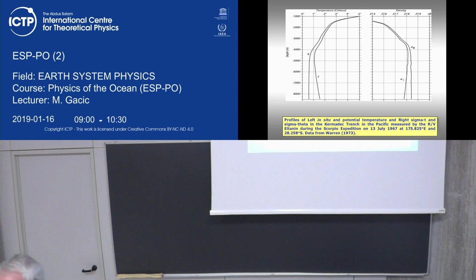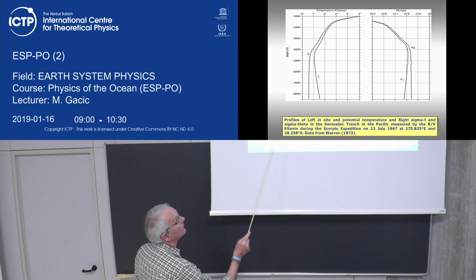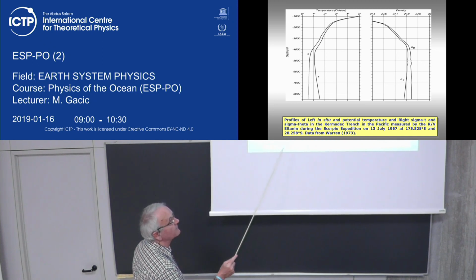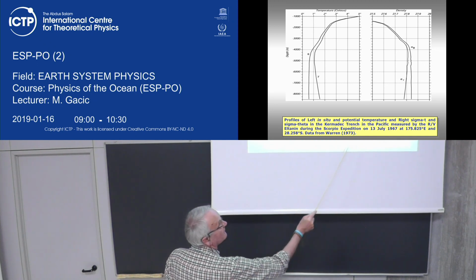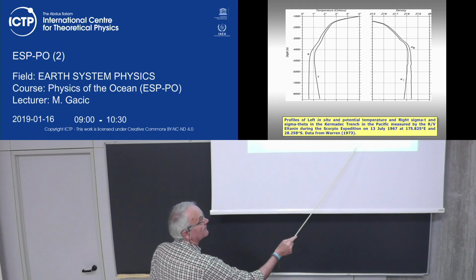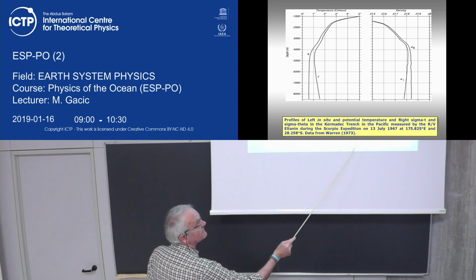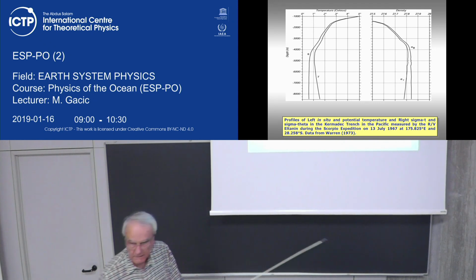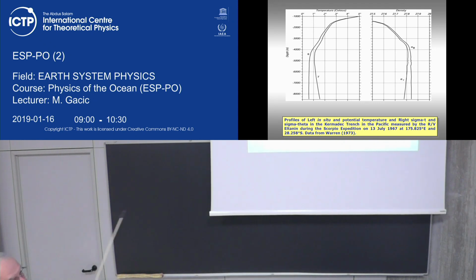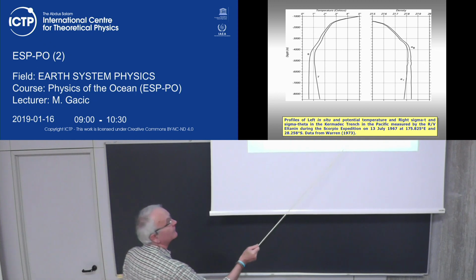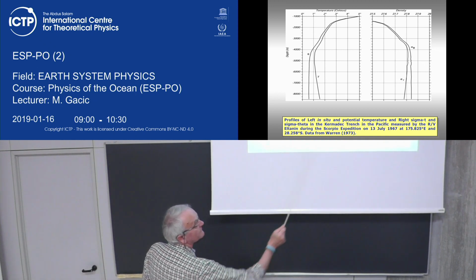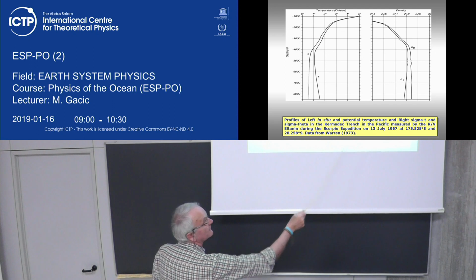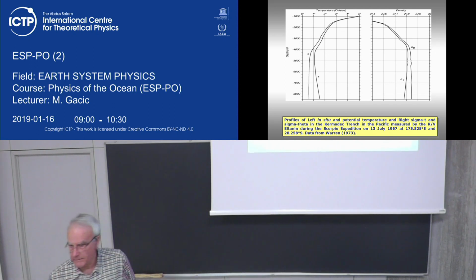The symbol for the density is sigma t or sigma theta, and you can see corresponding to this vertical temperature distribution, there is an equivalent distribution of the density. And you can see that the density here is lower than here, which is not allowed. It's not possible. But only by using the potential temperature for calculation of the potential density, the stability of the water column comes back. And it's really represented.